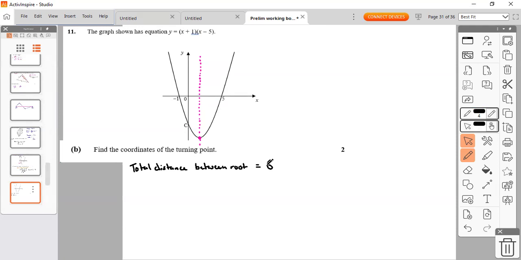So -1 to 0, and then 0 to 5. There's 6 positions that's doing. So half of that equals 3 away from each. So 3 to the right from -1, or 3 to the left of 5.